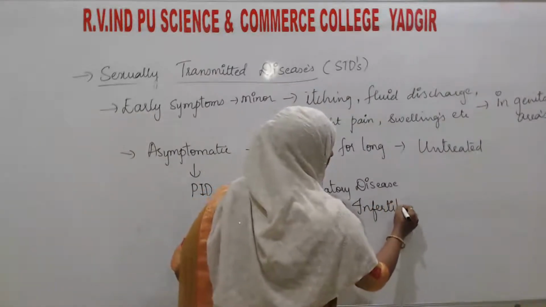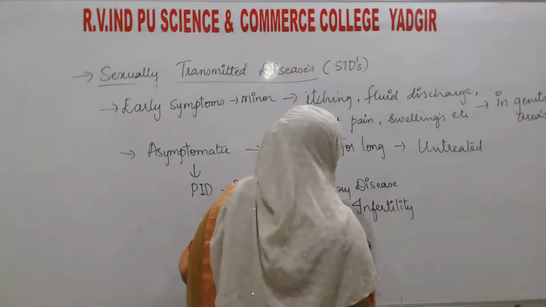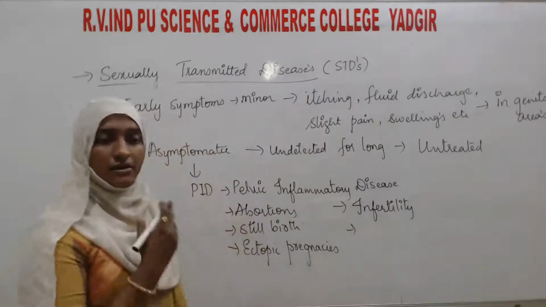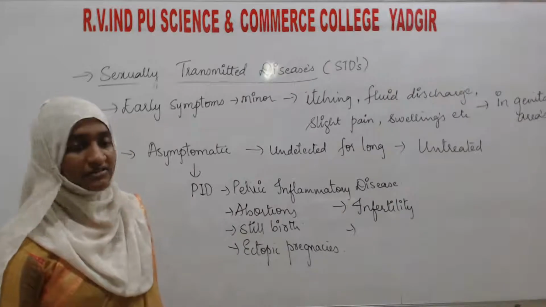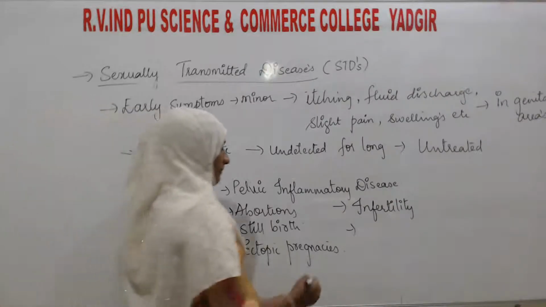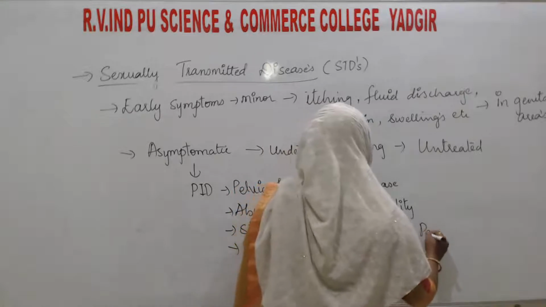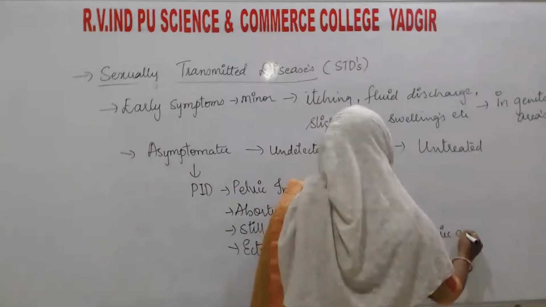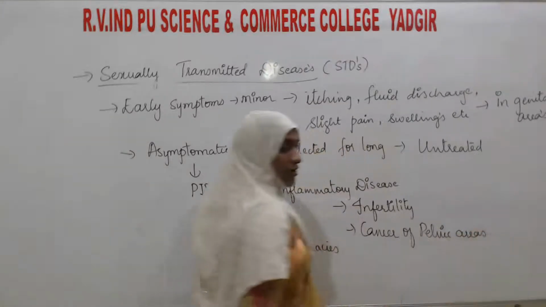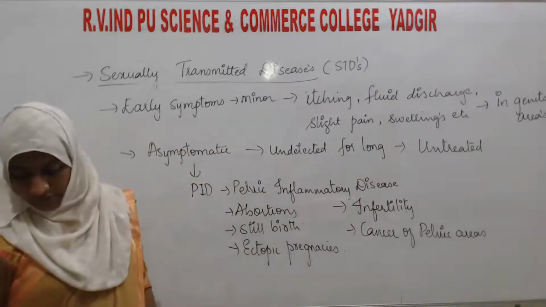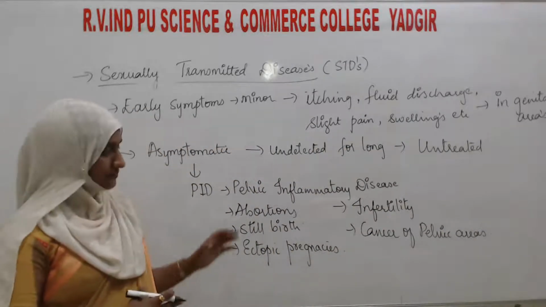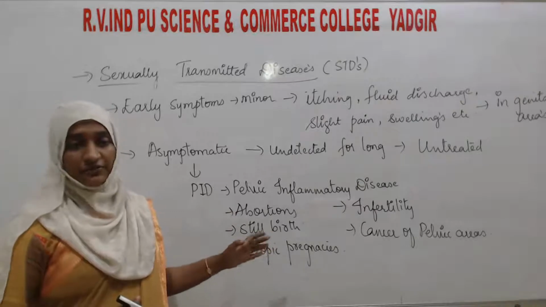Infertility: one of the major causes of infertility is infections in the pelvic areas. Then cancer of the pelvic areas. This may also lead to it. This is about the pelvic areas or reproductive tract cancer.